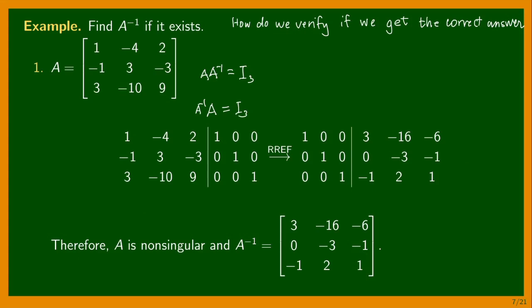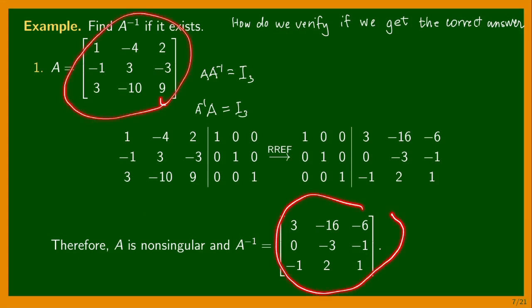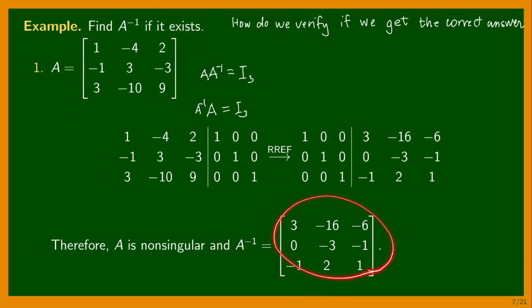I want you to multiply A times this matrix and verify that the resulting product is the identity matrix. We'll not be doing this in this video, maybe in the live sessions. Let's try to verify it by hand.